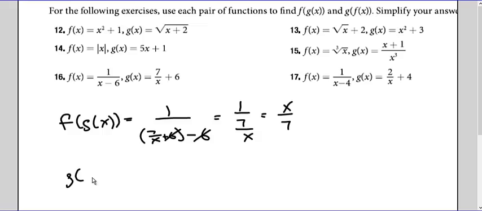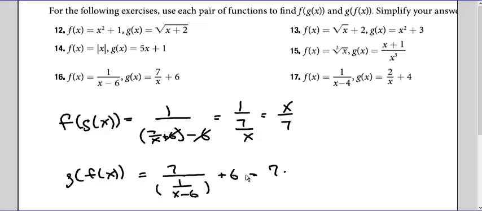And then you have g of f of x. So we have g of x is 7 over x plus 6. But instead of x, we put in 1 over x minus 6. Now again, to simplify this, we take 7, and instead of dividing by 1 over x minus 6, we divide by x minus 6 over 1.